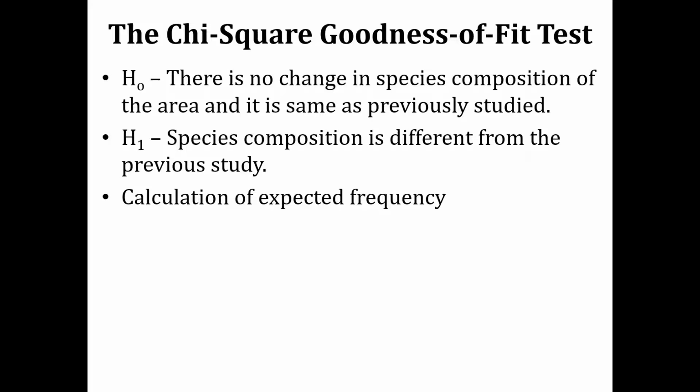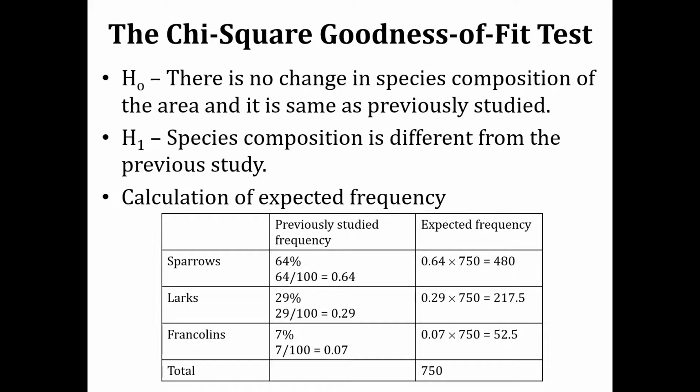The next step is calculation of expected frequency under our null hypothesis, and this is how we do it. Sparrows, according to the previous study, were 64% of all ground foraging birds, larks were 29%, and francolins were 7%. So this is how we calculate their proportions: 64 out of 100, which is 0.64, then 29 out of 100, which is 0.29, and 7 out of 100, which is 0.07.